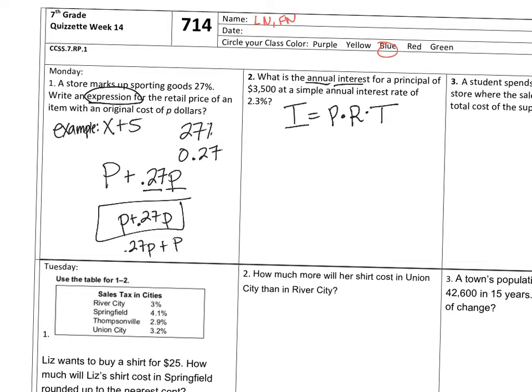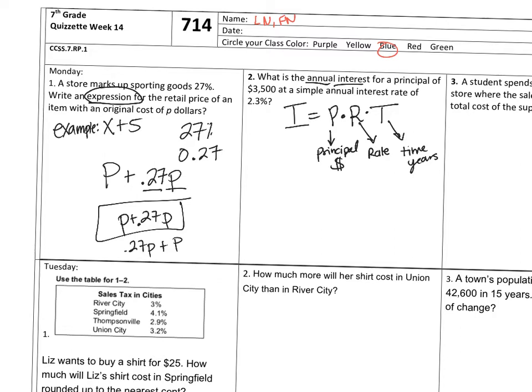So I equals P times R times T. So P is the principal amount. R is the percentage as a decimal, so like the rate. And T is time in years.